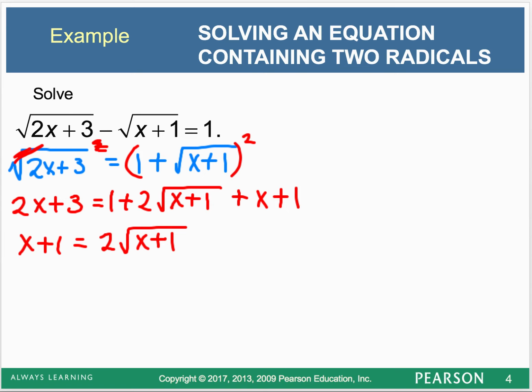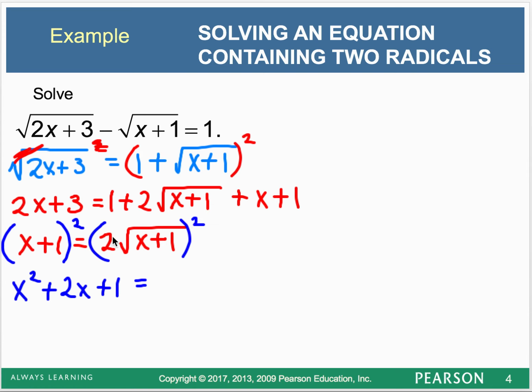Now I'm going to square both sides again. Okay, and then that means I square the first one, I multiply everything together and double it, and I square the last one.